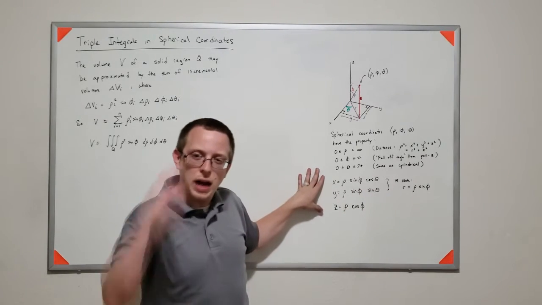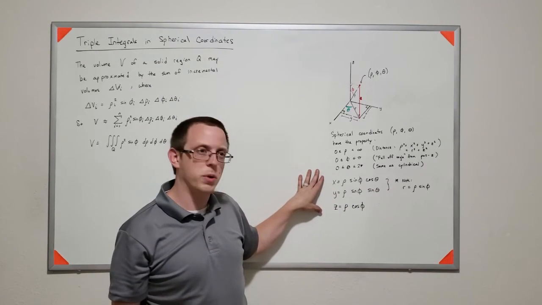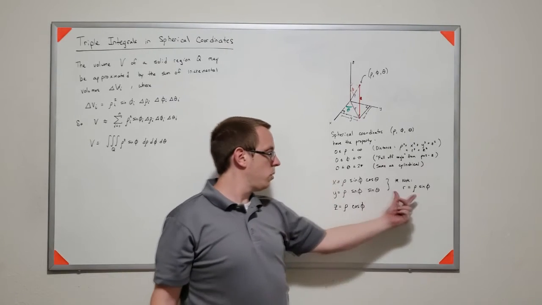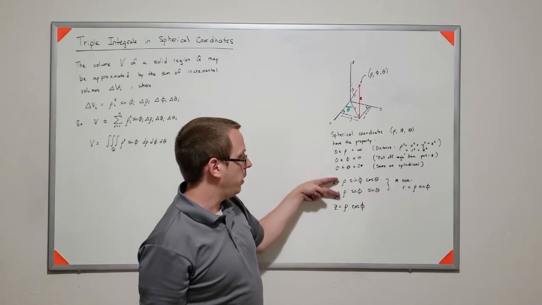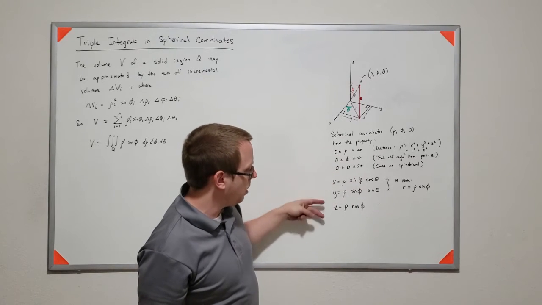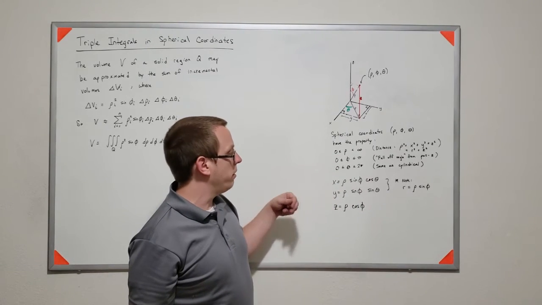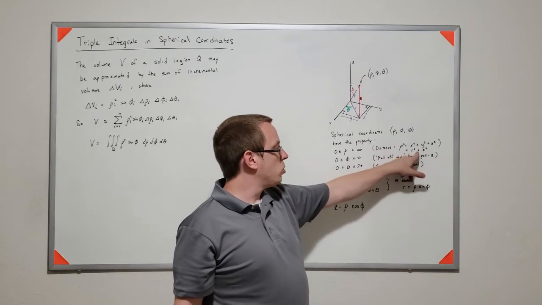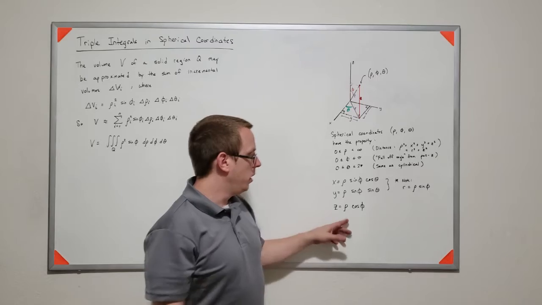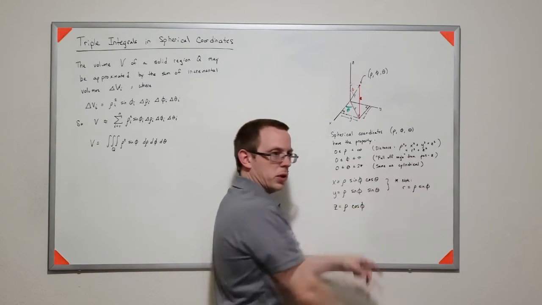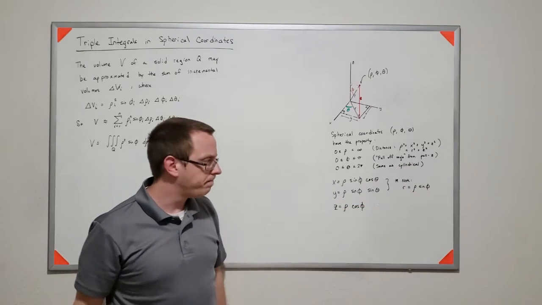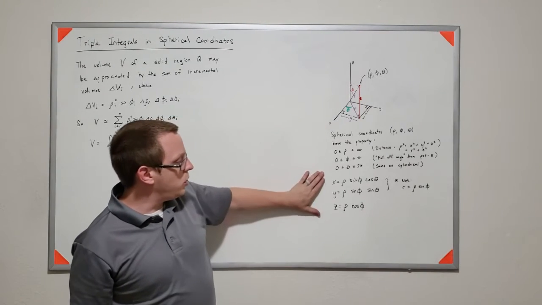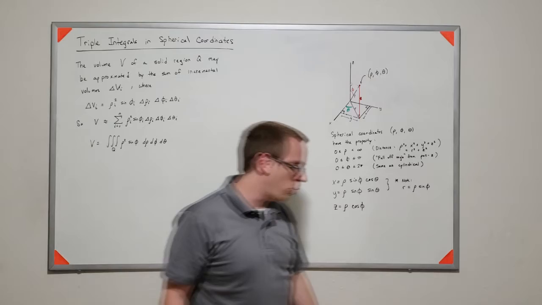I can usually think through cylindrical coordinates, but I have a hard time thinking about spherical in terms of these formulas, so I remember this, and then I just plug that in here. Now z is rho cosine phi, and that's not too hard to remember because rho squared is r squared plus z squared, and this is like a sine squared plus cosine squared identity thing. Just however you need to keep up with it. Anyway, you can use these to convert your equations.